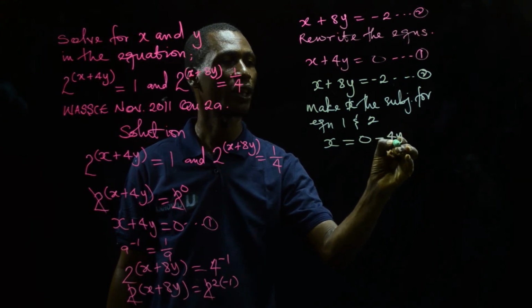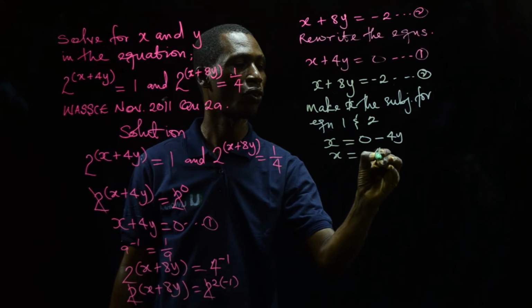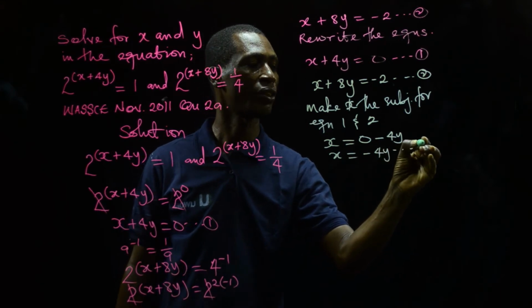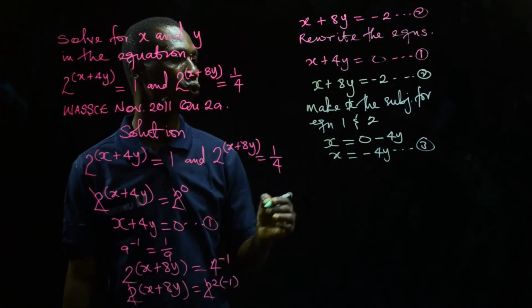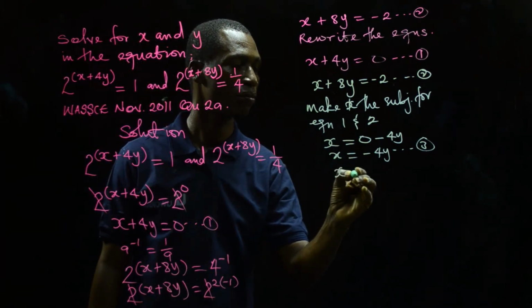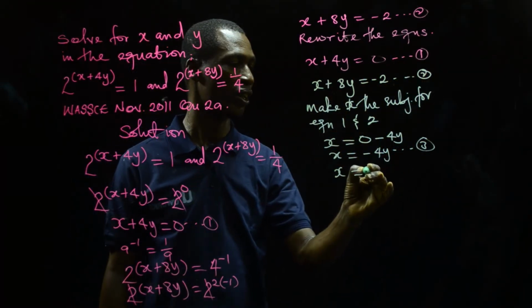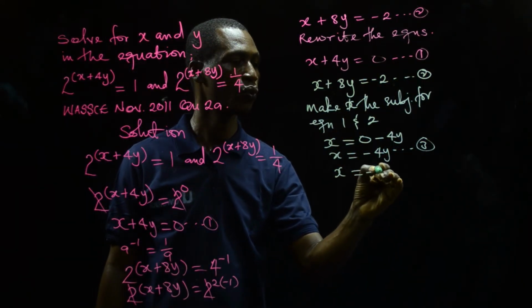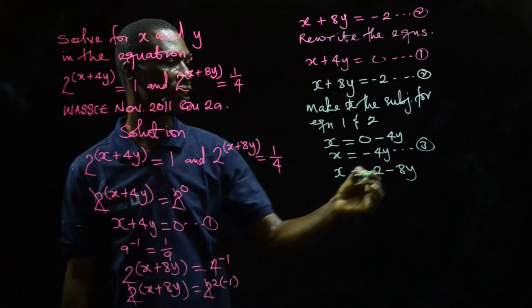So x here equals minus 4y, which is equation 3. And x the subject of equation 2, I have x equals, I'll let 8y cross the equal sign, minus 2 minus 8y. So this is equation 4.